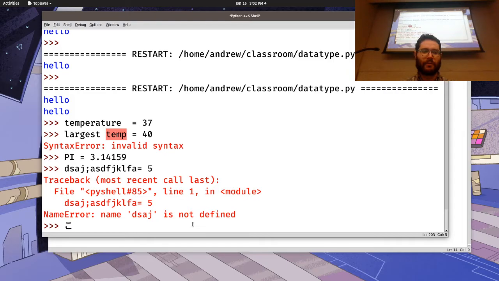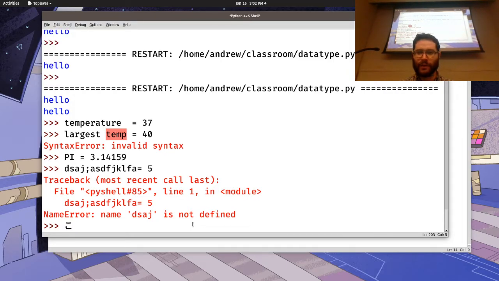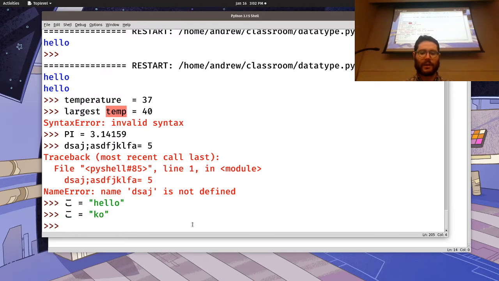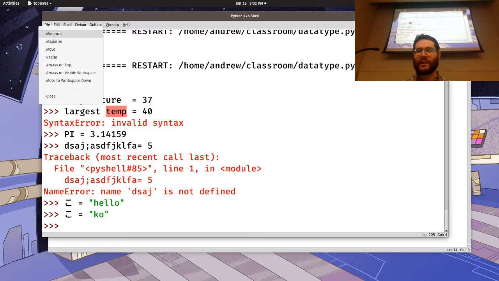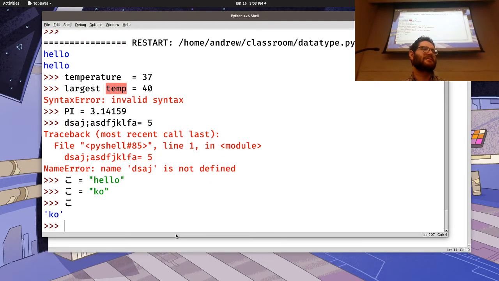Ko. Here we go. Is equal to hello. Or actually, better yet, let's say that is equal to the string ko. And notice that it totally accepted that. So if you're coming from a different language and you find it easier to type variables in your own language, feel free to do that. You be you. It totally works, too.